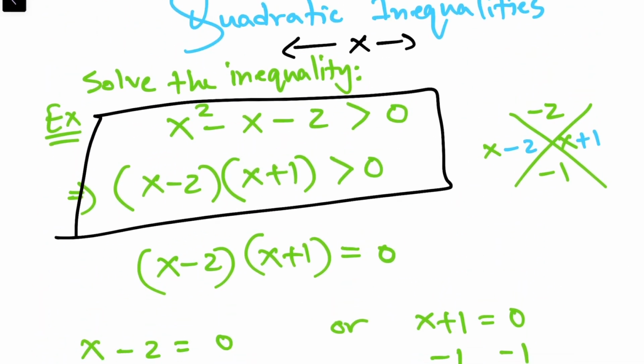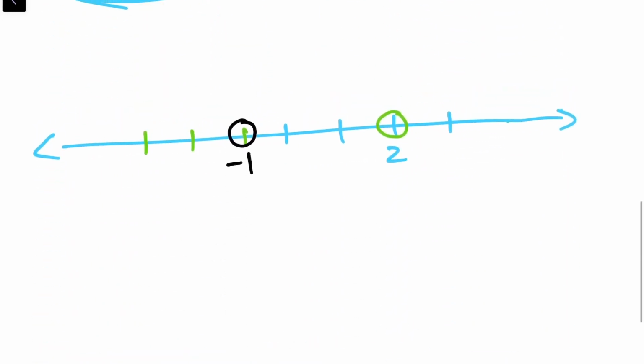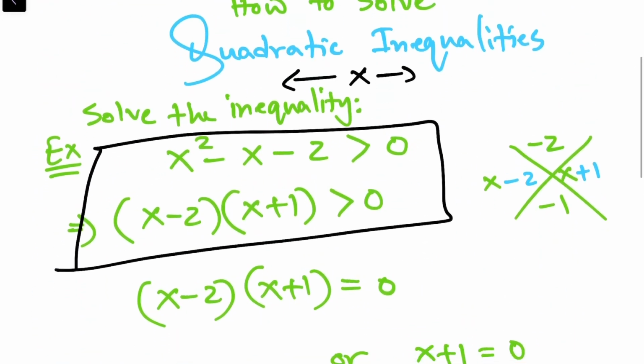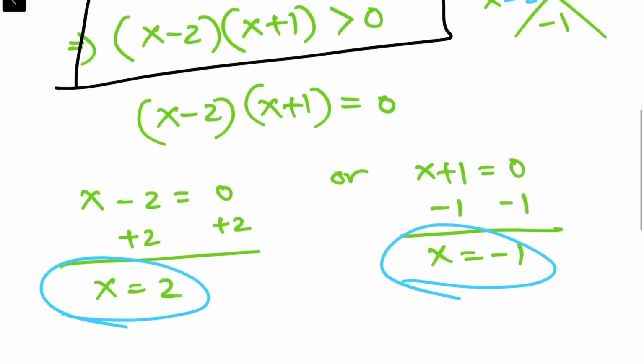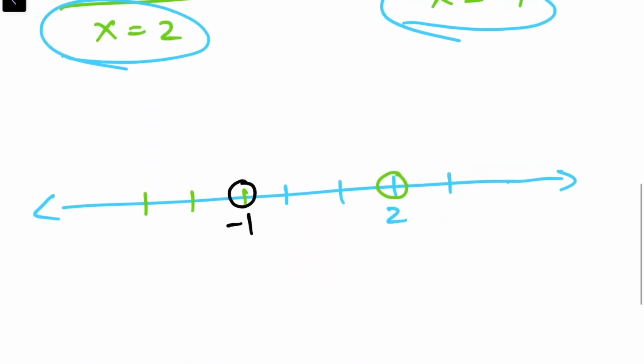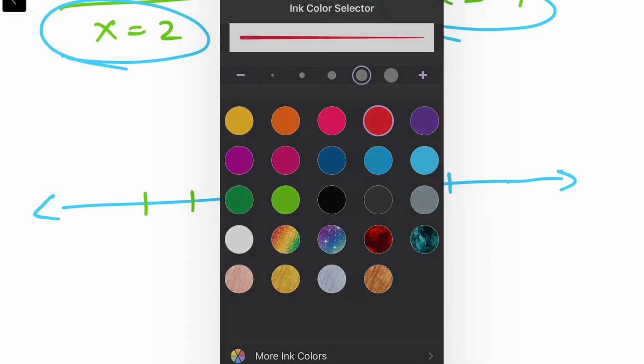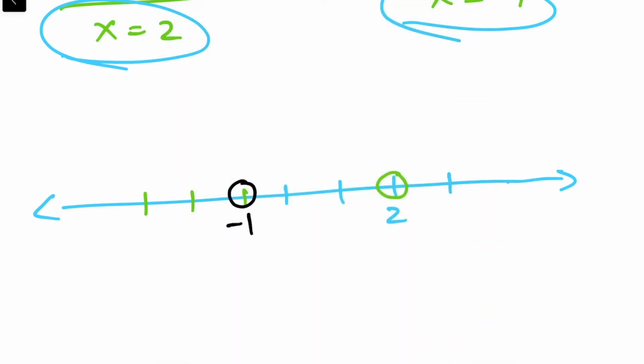I hope you noticed I used open circle. The reason I used open circle is because I don't have equal sign. Okay, that's why I used open circle. All right, now let's choose one point from each section and see what happens.